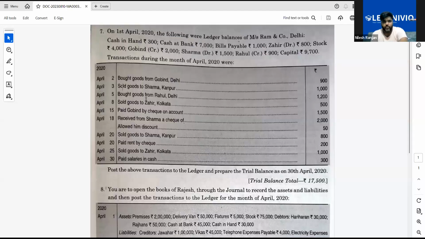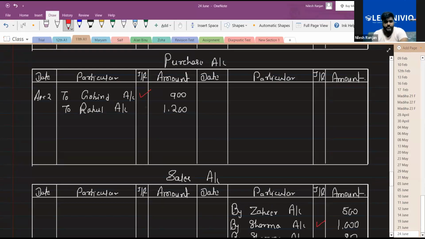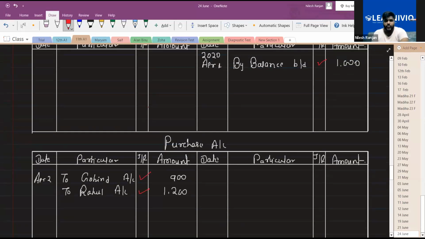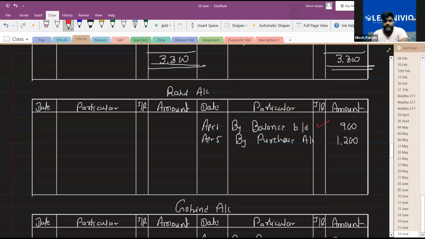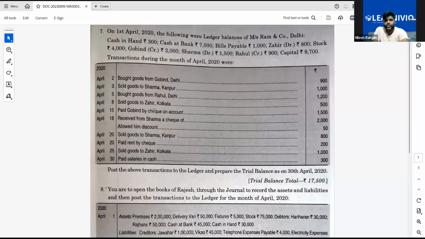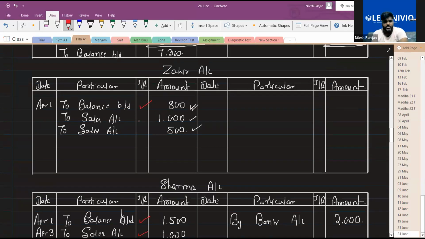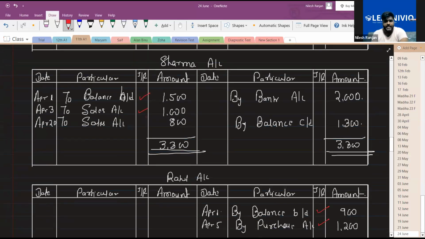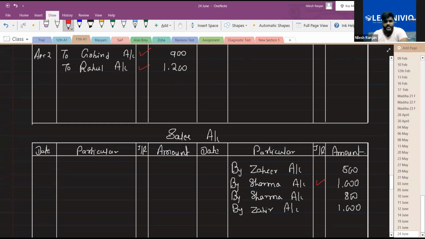Then it is bought goods from Rahul, purchase account debit to Rahul. Again, it will go in purchase account, debit side, and in Rahul account, it will be on the credit side. So by purchase. After that, sold goods to Jahir, Jahir account debit to sales. So in Jahir account, it will be on the debit side, and in sales account, it will be on the credit side.